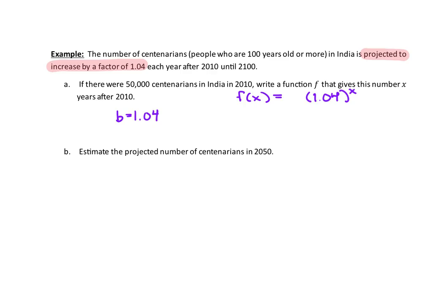All right, now when we come down to part A, it says if there were 50,000 centenarians in 2010, then we want to write our function that gives this number x years after 2010. And remember, that's our starting value, so this is going to be our a value.